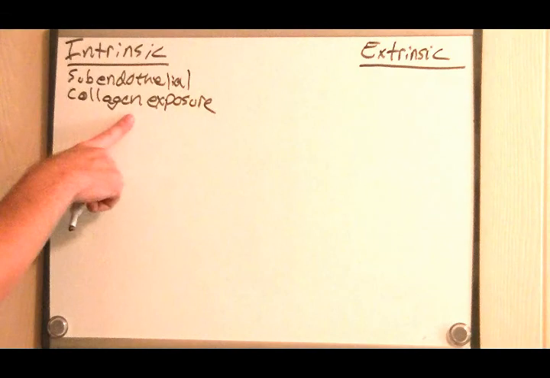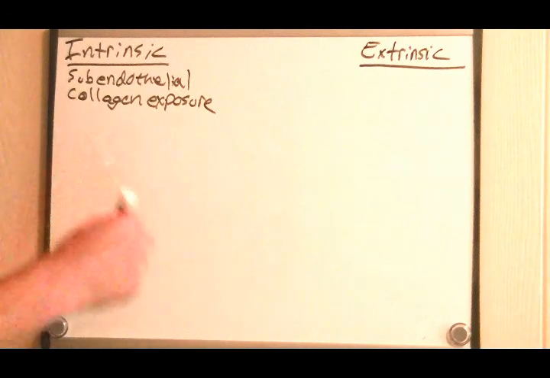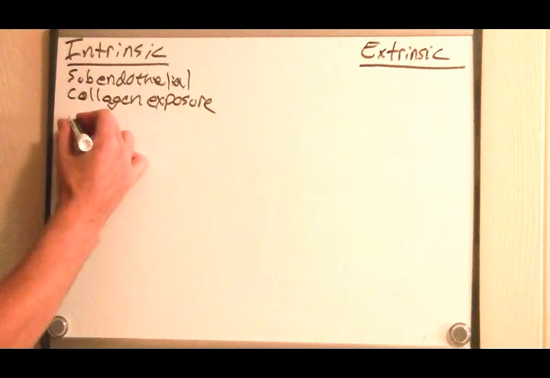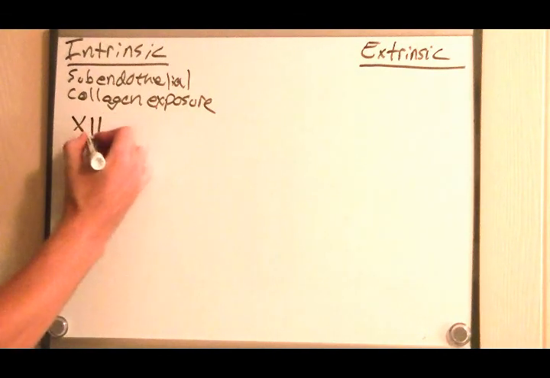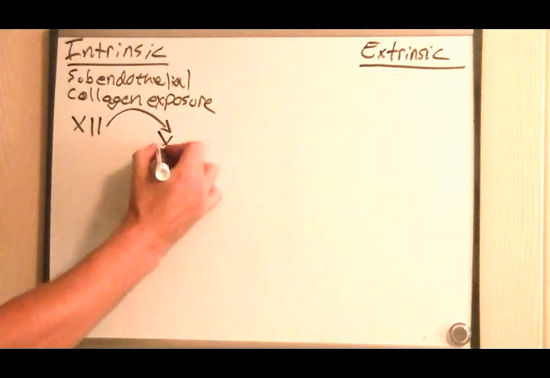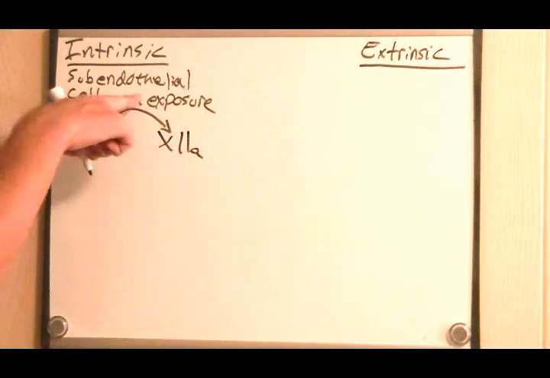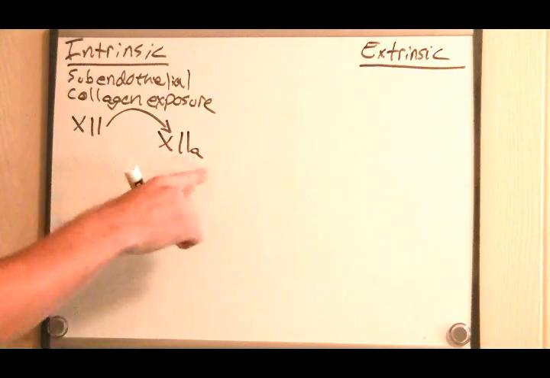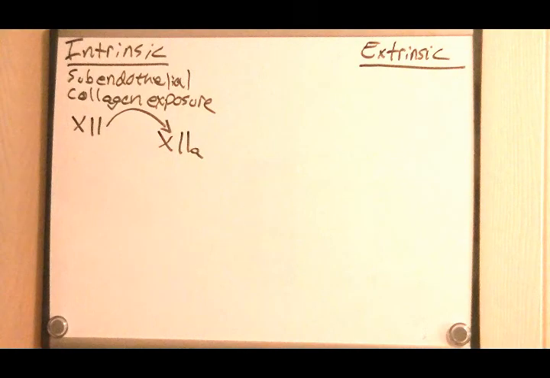So when we have exposure of subendothelial collagen, we already have preformed factor 12, but once factor 12 comes in contact with that subendothelial collagen, it will activate into factor 12A. So the A just simply means that it's the active form of this clotting protein.